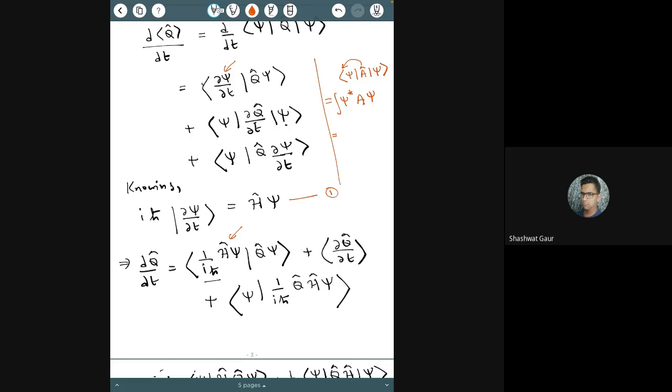But then I have to write Aψ. Let me do it. So from here, this is this. And if I have Aψ, ψ, that is equal to integration A star ψ star ψ.